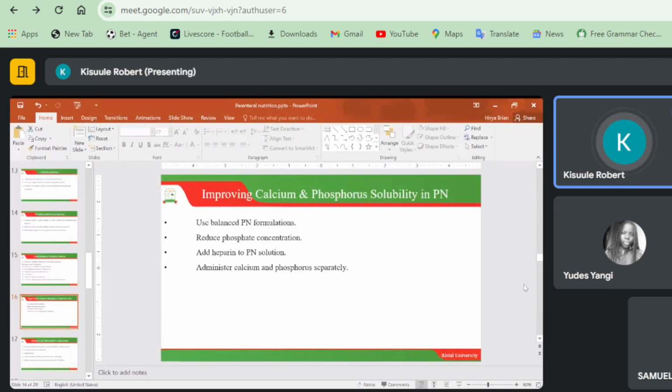Improving calcium and phosphorus solubility in the parenteral nutrition is done using balanced parenteral nutrition formulas, like I told you. All these guidelines are easily accessible. What I wouldn't encourage is going reading random articles on Google Scholar.